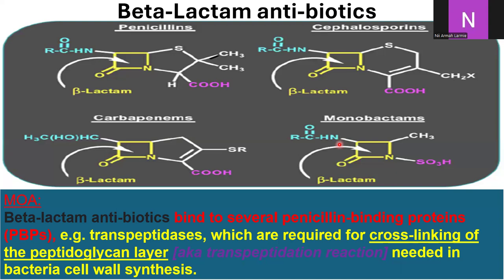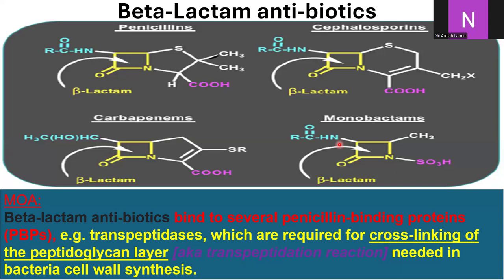Bacteria has an enzyme, transpeptidase, which is in the bacteria cell. It's also sometimes called penicillin binding proteins. So PBP, penicillin binding proteins. Now, these enzymes are involved in a reaction that is called the cross-linking of the layer.